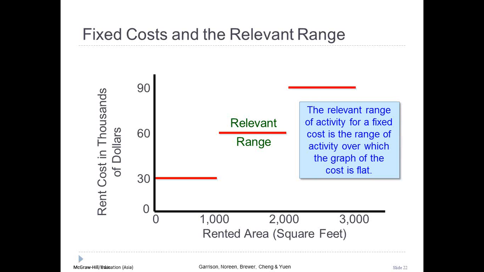So then we go to 2,000 square feet in total, but it's stepped every 1,000 square feet or 1,000 square meters. So the relevant range of activity in this example for fixed costs is the range over which the graph of the cost is flat. Okay?